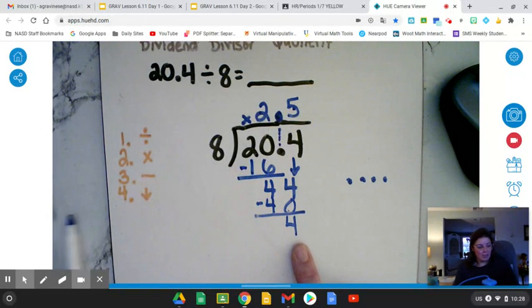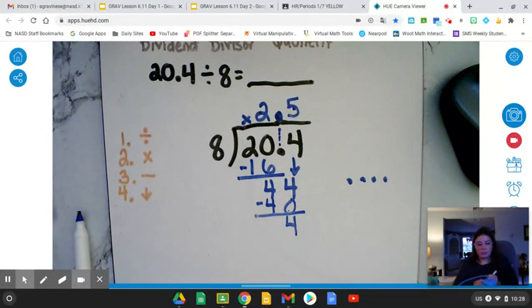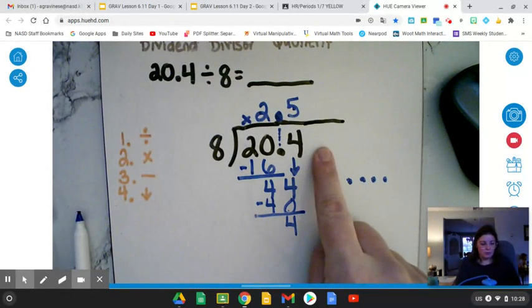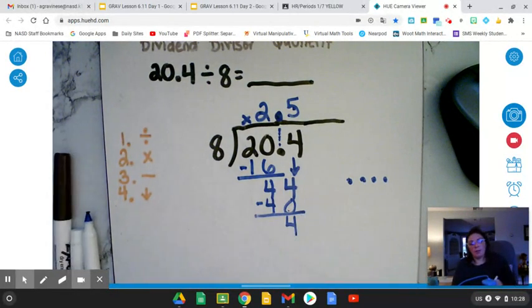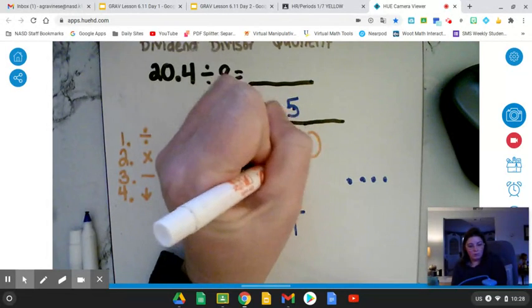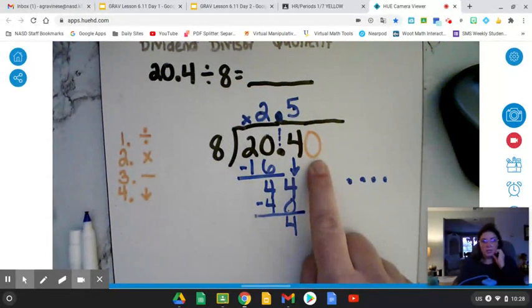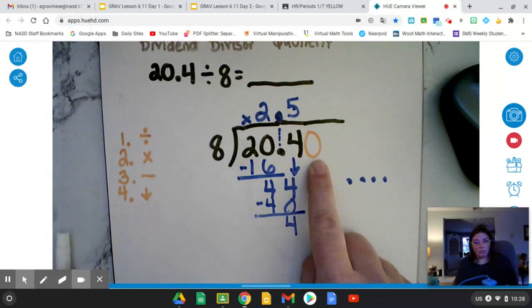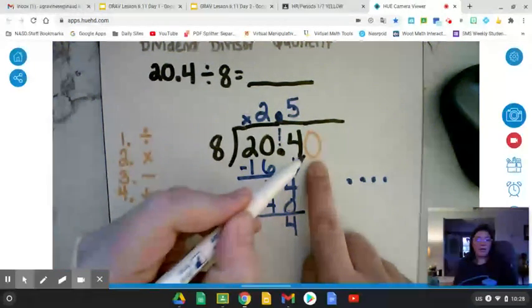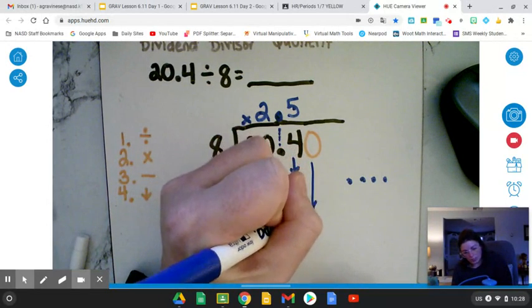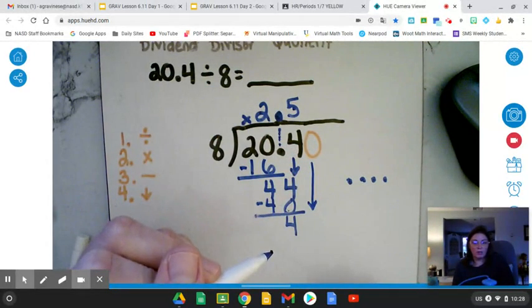What we do instead is we want to extend our dividend. And we do that by annexing a 0. Remember that you can annex zeros at the very right of a decimal, and it doesn't change the value. So if I annex a 0 here, now I can bring that 0 down and continue dividing.